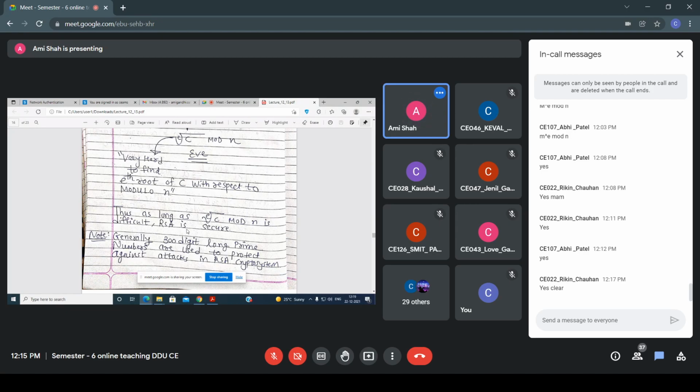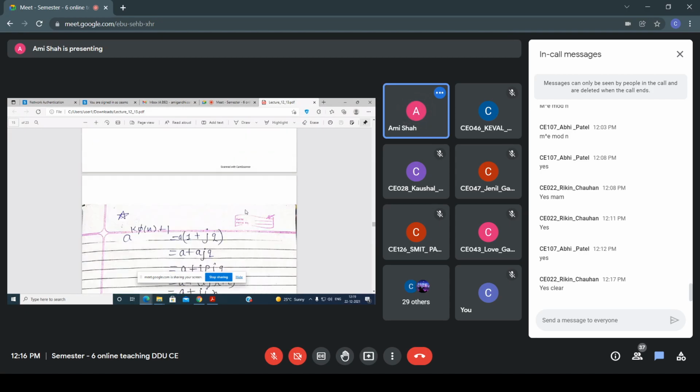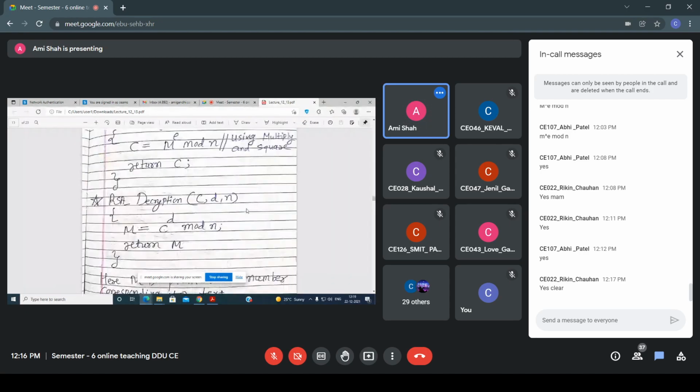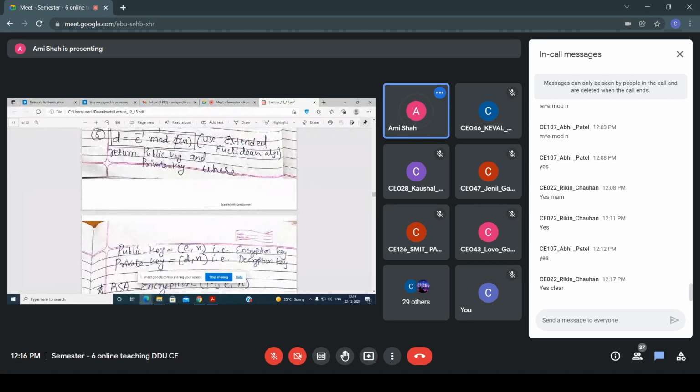All of you know that in our RSA algorithm n is public, but if n is very large, then it is very difficult for an attacker to find the values of p and q. That is a factorization problem, and it's very hard. That's why RSA is secure. So this is another reason.